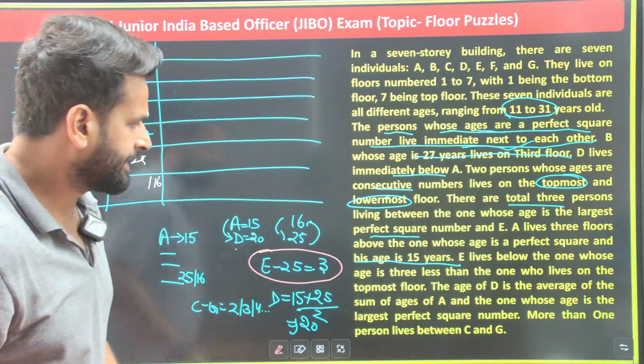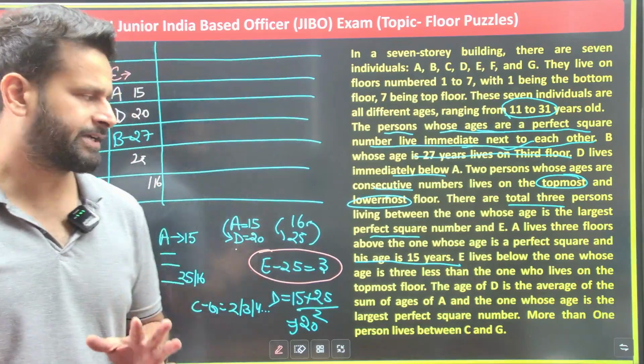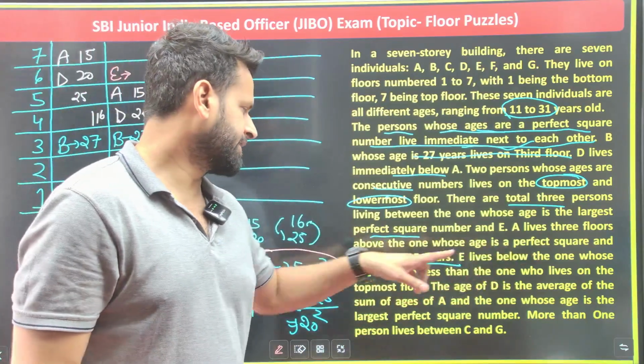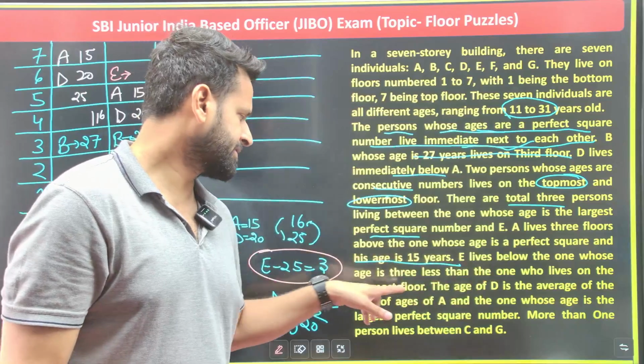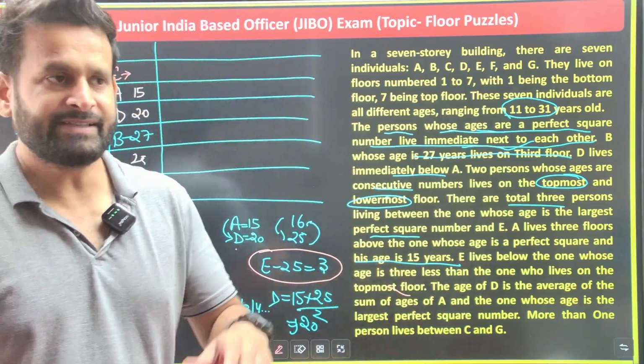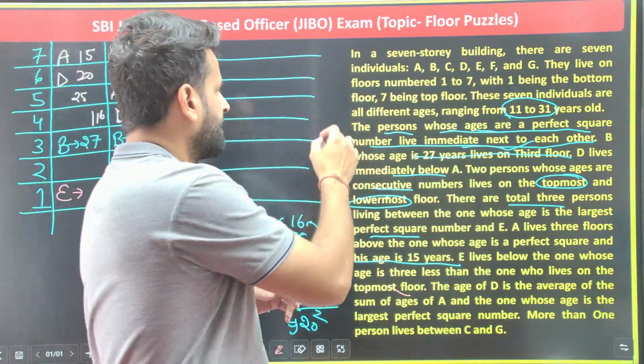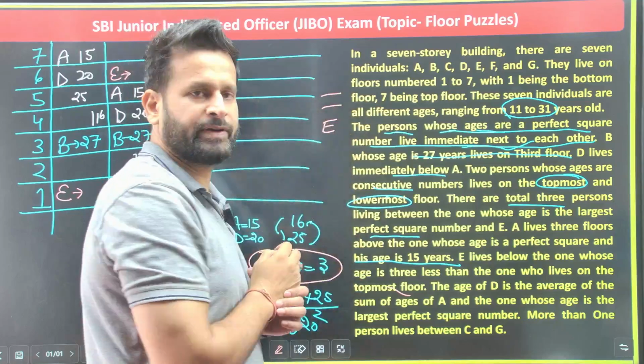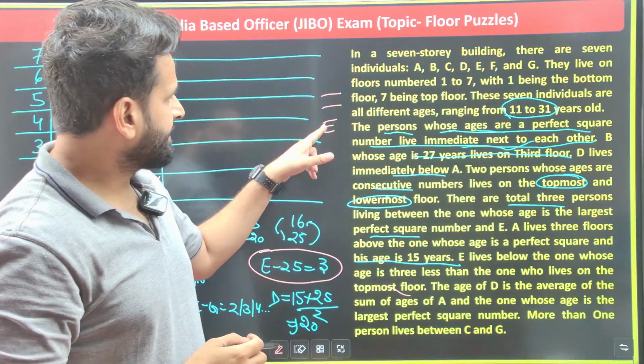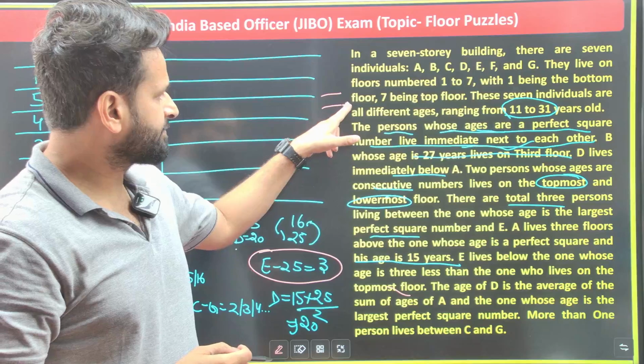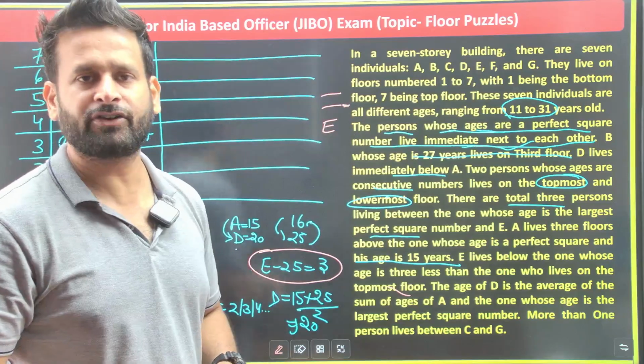Now, related to E, we had a very good condition. E lives below the one whose age is 3 less than the one who is living on the topmost floor. That means above E there have to be a minimum of 2 persons, so that E lives below the person whose age is 3 less than the person living on top.